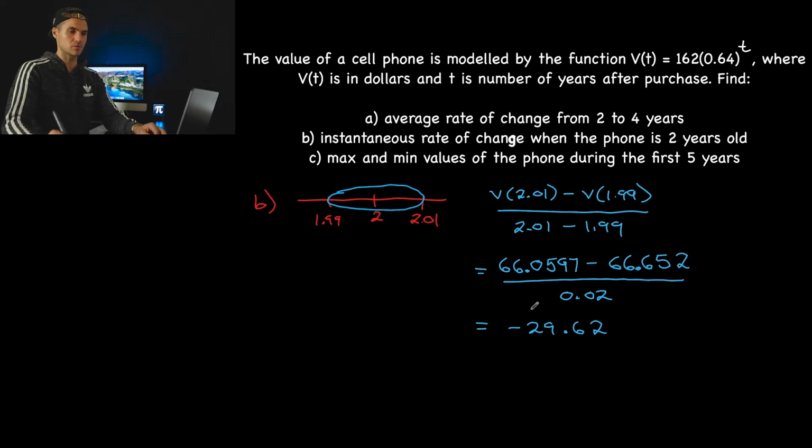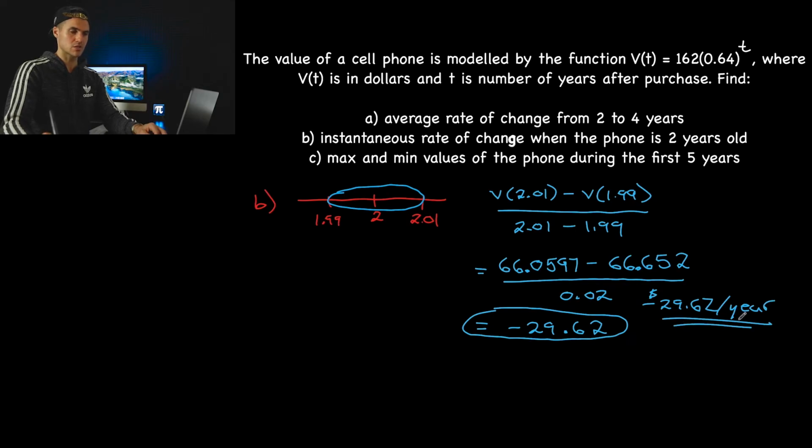When you do this, you end up getting approximately negative 29.62, so this is negative $29.62 per year. That's the instantaneous rate of change, how much the value of the phone is decreasing per year at 2 years, at that single point.